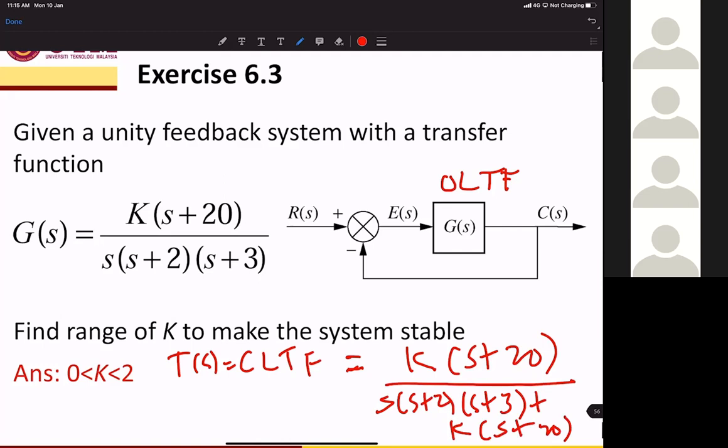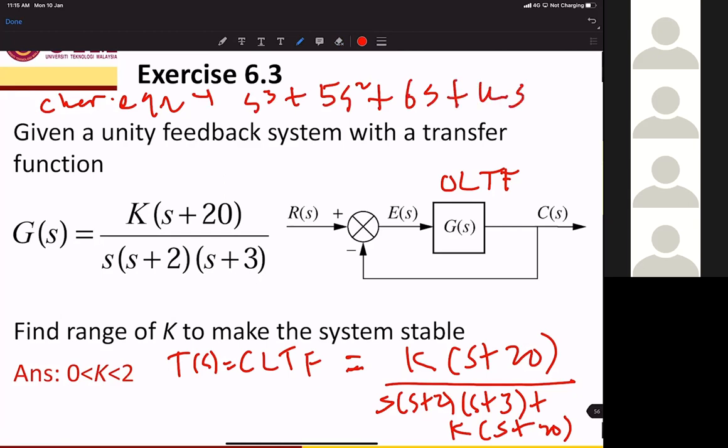Rida Hadira, the characteristic equation: S cubic plus 5S square plus 6S plus KS plus 20K equal to 0.